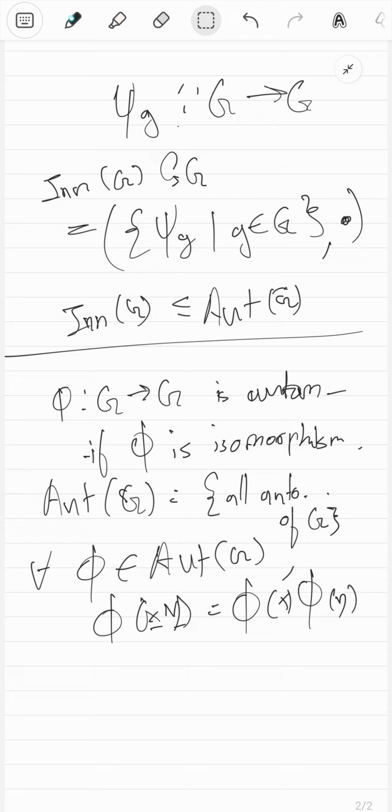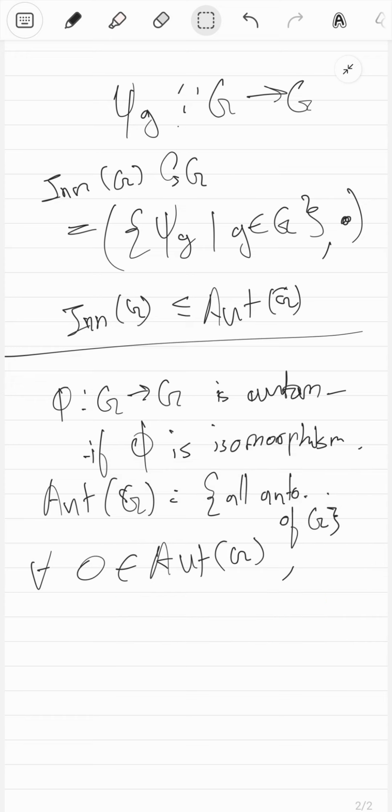What is that? It's an isomorphism. So the inverse, phi inverse, is also an automorphism, and so for all phi in Aut(G), phi inverse is also in Aut(G), right?